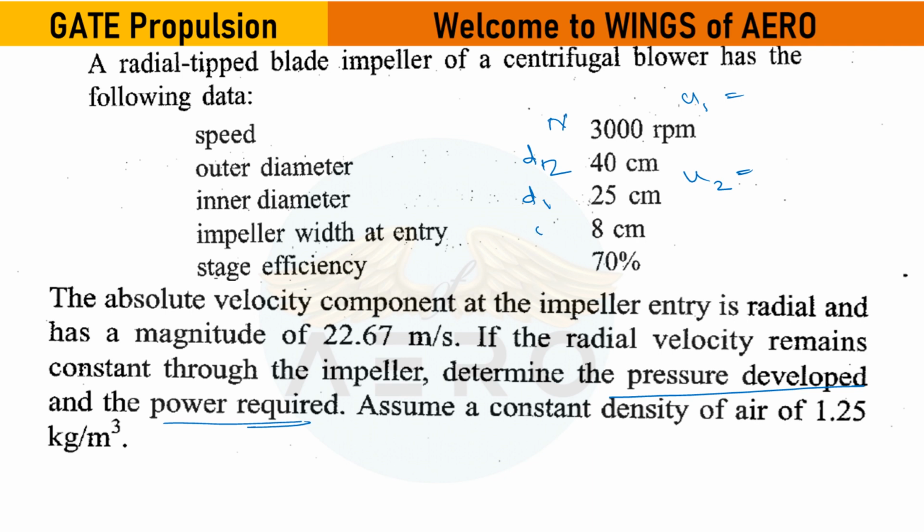Impeller entry width is given, stage efficiency eta is given, C1 is given. Here they said Cr1 equals Cr2. So what is the pressure developed that you have to find? They have given the rho value also.